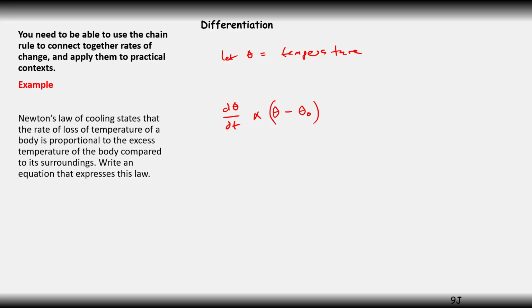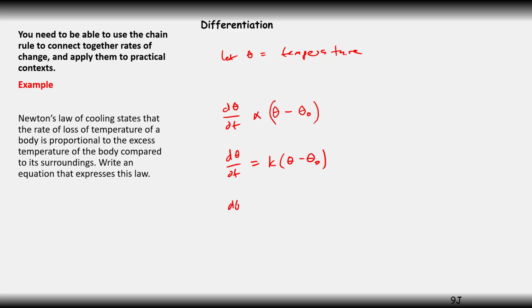So we're part of the way setting up. That's the rate of change, and it's proportional to the difference between the body's temperature and its surroundings. Then we introduce the constant of proportionality as before. d theta over dt is equal to k times theta minus theta naught. And it's losing temperature, so it's going down, so we've got to introduce the negative.